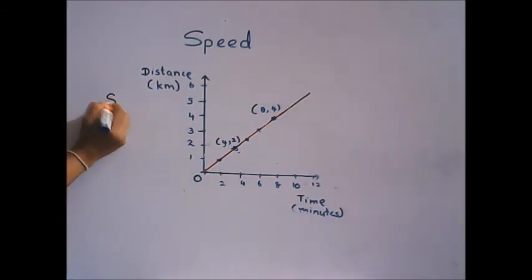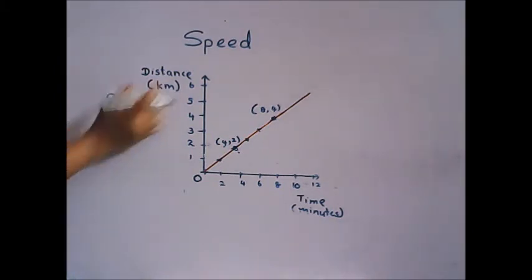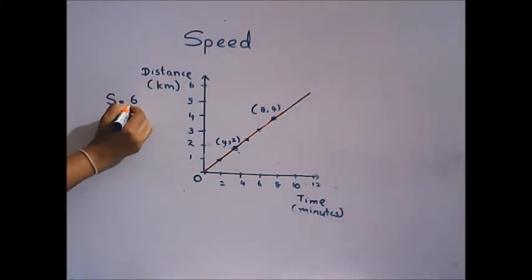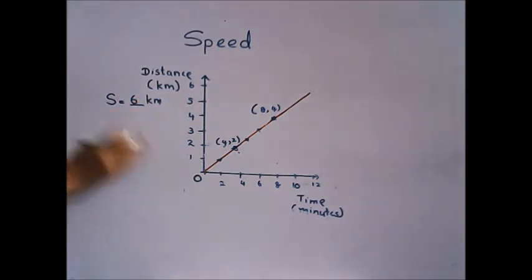Now average speed equals total distance divided by total time. Now the total distance is 6 kilometers and the total time is 12 minutes.